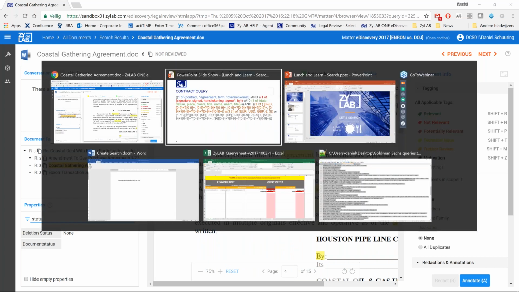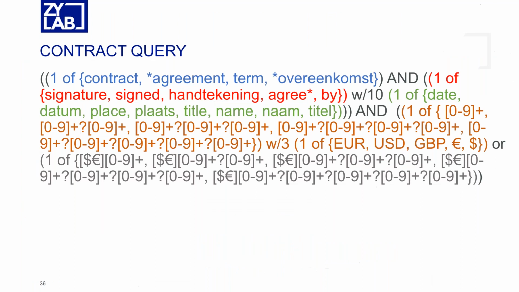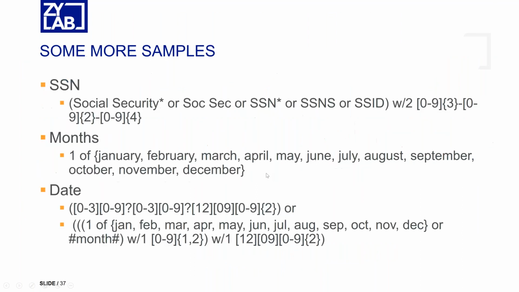Now going back to the presentation. Here I've got some Social Security number queries, which is Social Security with a wildcard and all kinds of variations. And I'm looking for this query in combination with a numerical pattern.